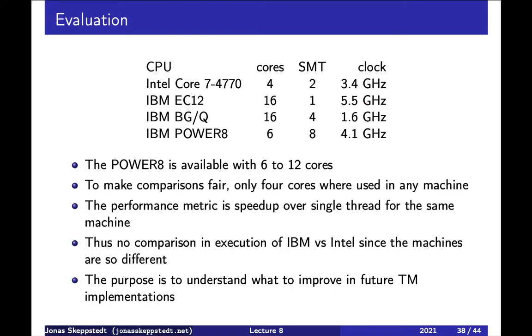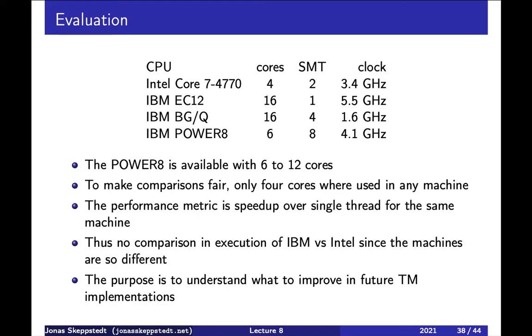To make these comparisons fair, all machines in the experiments use 4 cores, and the measurement is speed up versus one thread on the same machine, so not absolute time.